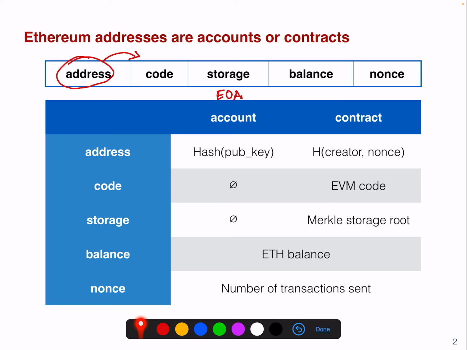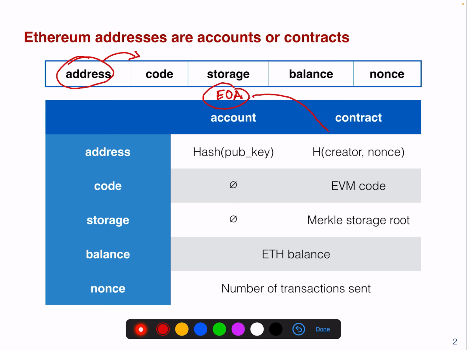Now, going back to the address itself, how you compute an address might be actually quite important if you go deeper into smart contract programming. The address of an externally owned account is simply the hash of the public key, while the address of a contract is the hash of the creator, which is typically an externally owned account, right?